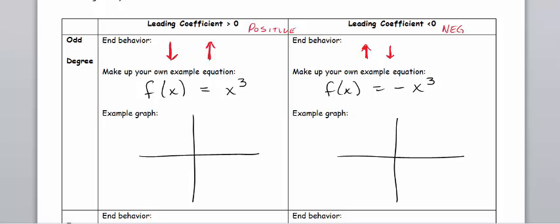This one is going to start down, make a squiggle through the 0 and then go back up. Over here it's going to start high, make a squiggle through the 0 and then head down low. So start low versus start high, it all has to do with if it's negative or positive, and if it's odd or even.